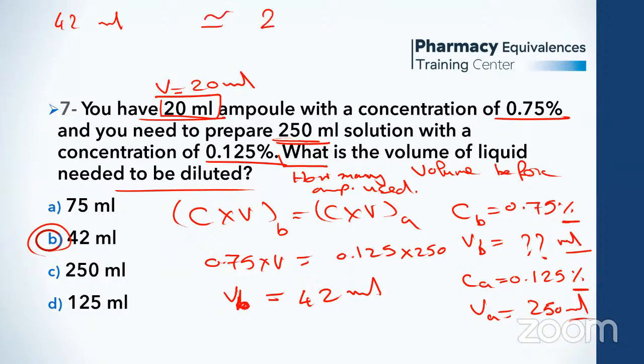Approximately 2 ampoules. So we can depend on 2 ampoules to prepare this preparation. So if the question asks about the number of ampoules used, here we can depend on this volume. But if he asks only about how many milliliters used, so just 42 milliliters, okay?